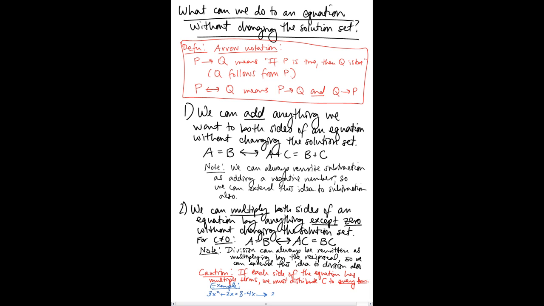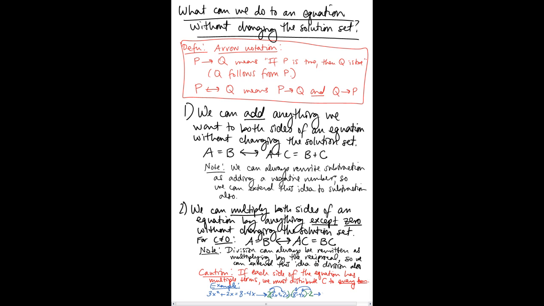Well, we have our 3x squared plus 2x equals 8 minus 4x. And we can go ahead and multiply both sides by 2. But if we do that, we need to distribute the 2 to every single piece on each side.